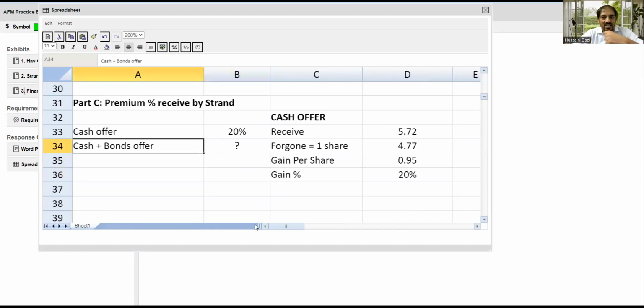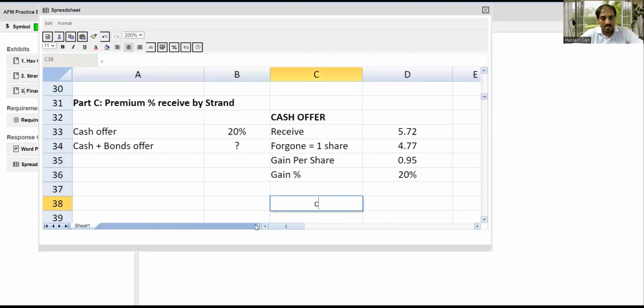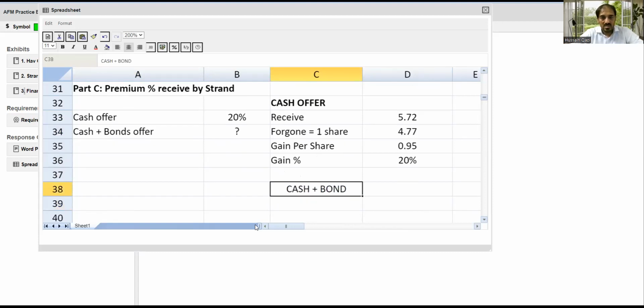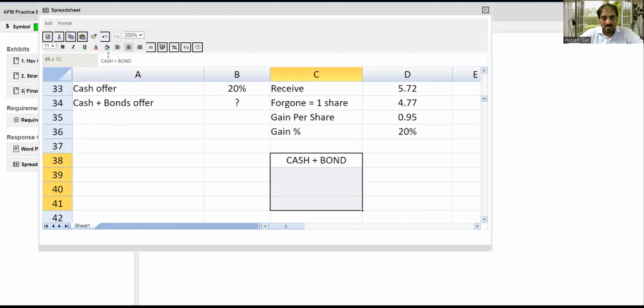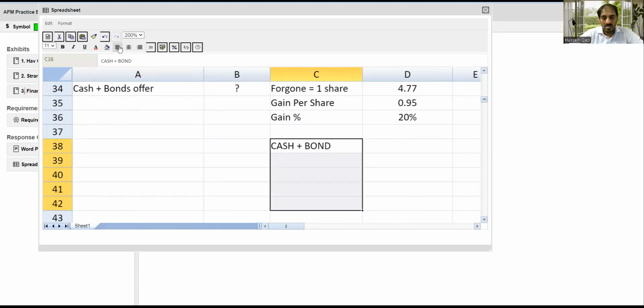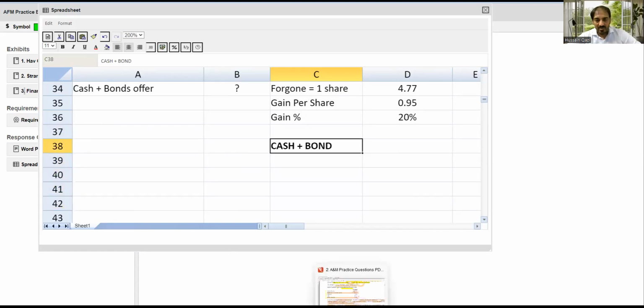Okay, now the other one, cash and bond offer. Cash plus bond offer is also very simple.